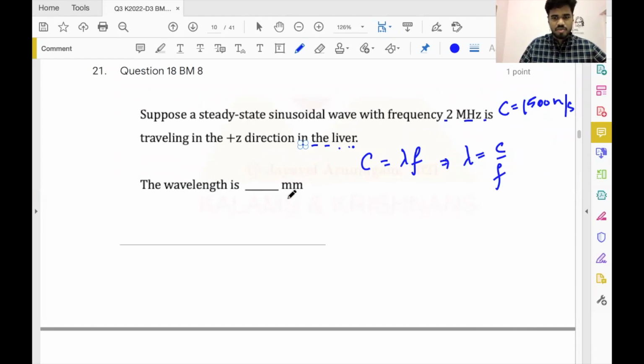When mm is asked, you can't enter the answer in micro. So 0.75. Some of you might have used 1540 because it's liver. The decimal might slightly change, but entering 750 here is certainly incorrect because we want the answer in mm. On GATE, they will always specify what the units are, so you are not left with any ambiguity.